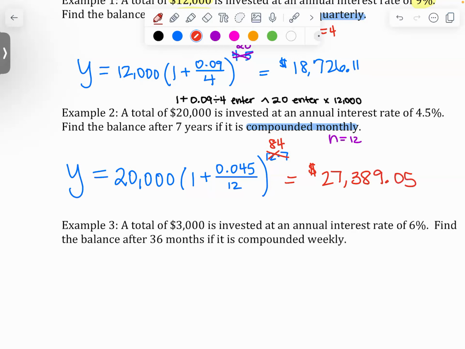Here's the right answer. We have to round.